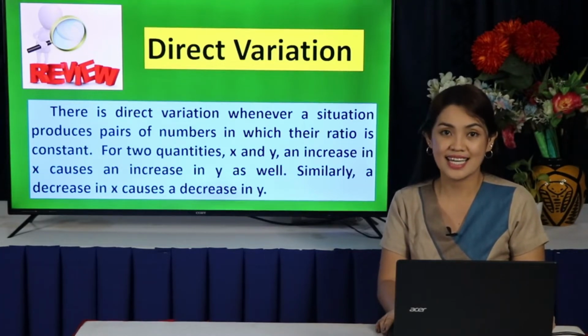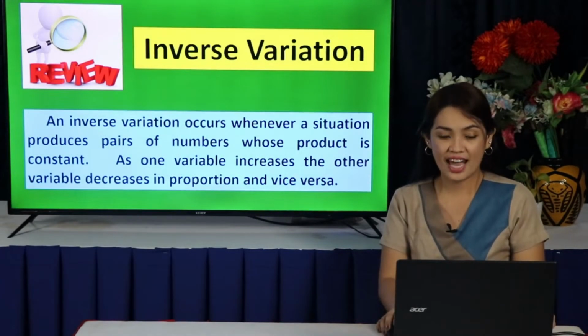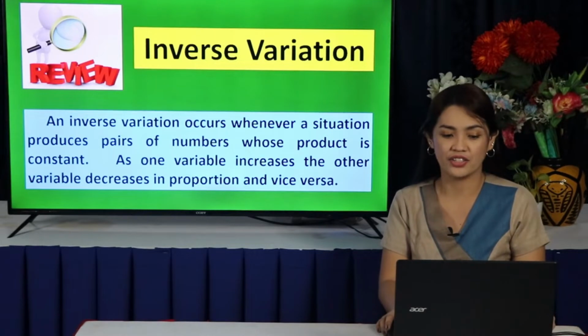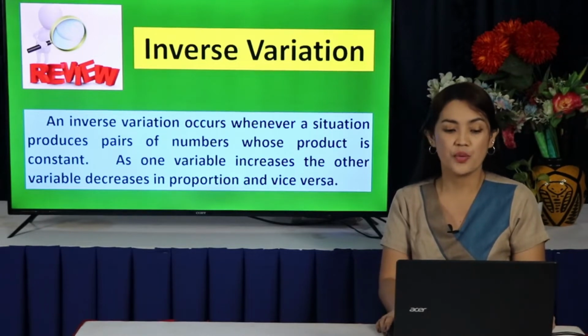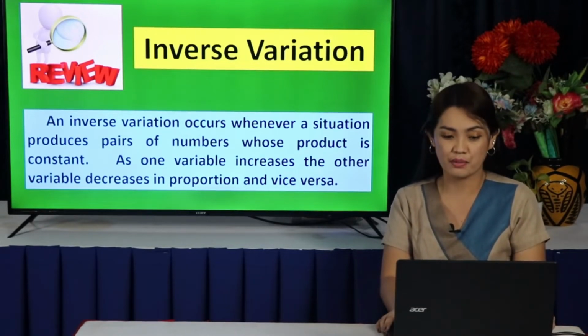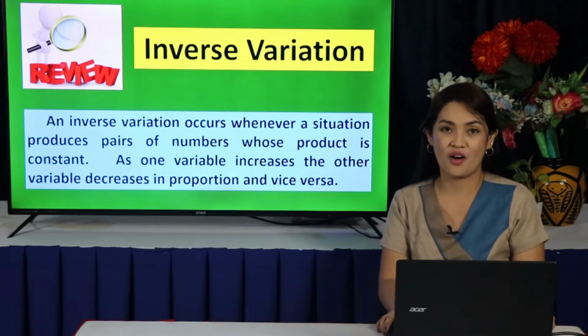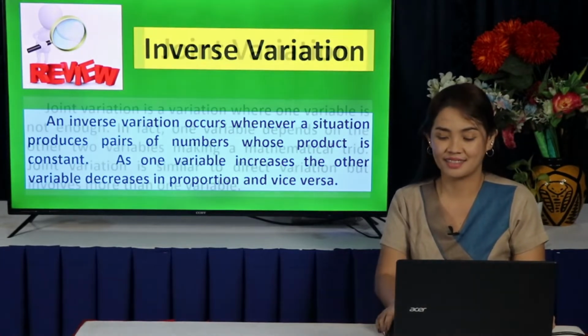Similarly, a decrease in x causes a decrease in y. On the other hand, an inverse variation occurs whenever a situation produces pairs of numbers whose product is constant. As one variable increases, the other variable decreases in proportion and vice versa.